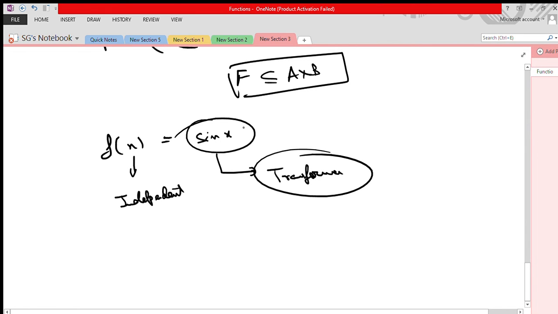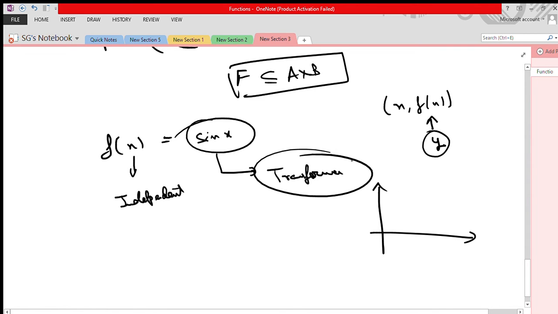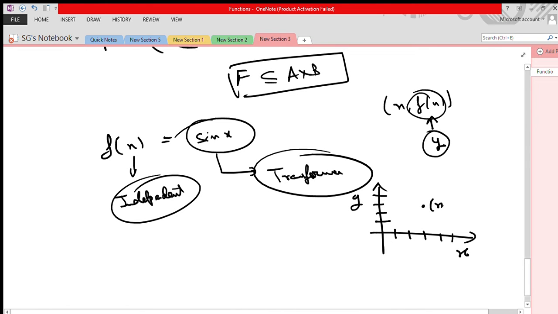When you get the set of ordered pairs of x and f(x), this f(x) denotes the y value in the Cartesian plane. When we graph something, the independent variable marks your x values and the transformed output marks your y values. Clear? So this is your y-axis, this is your x-axis. So (x, f(x)) gives you a point on the Cartesian plane.